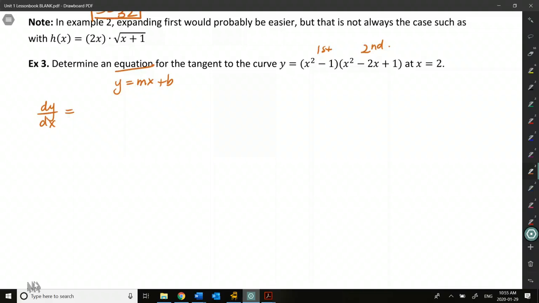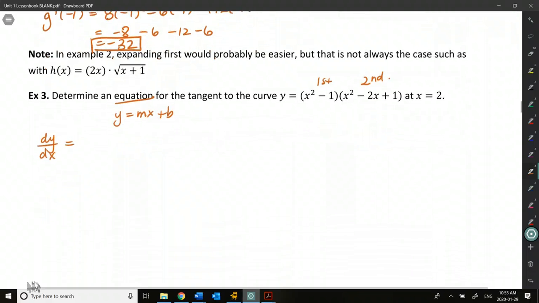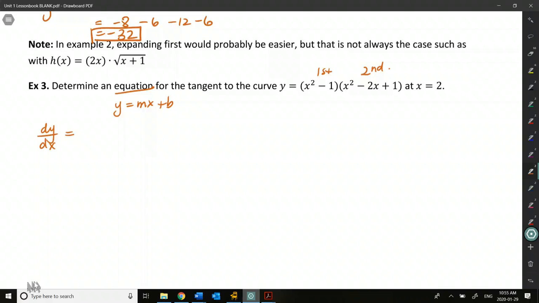What was the answer? Negative 32. Anyone want to try the derivative here? Is it plus 2x? For this guy? Yep. So what's the full derivative of the function though, using product rule? Oh, then it's just x squared minus 2x plus 1.